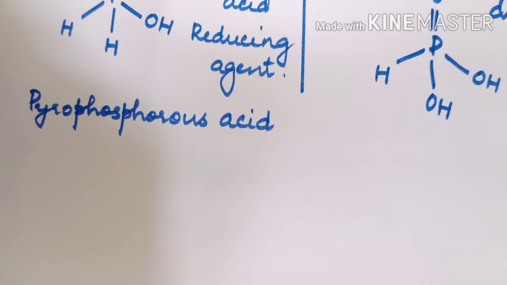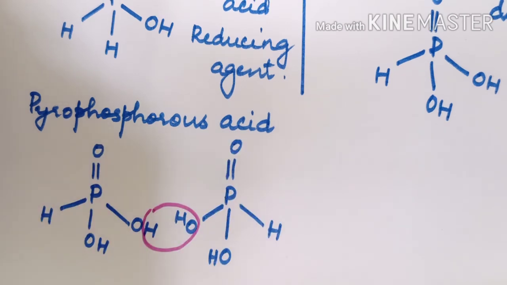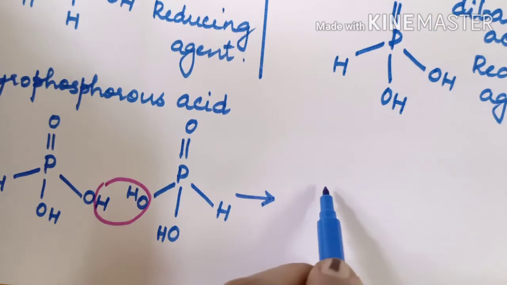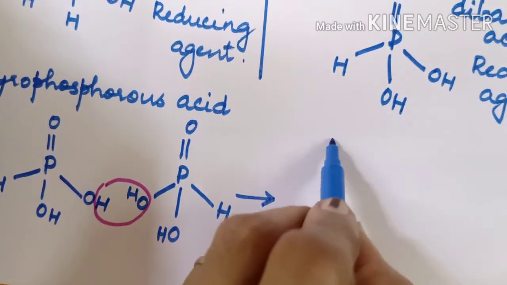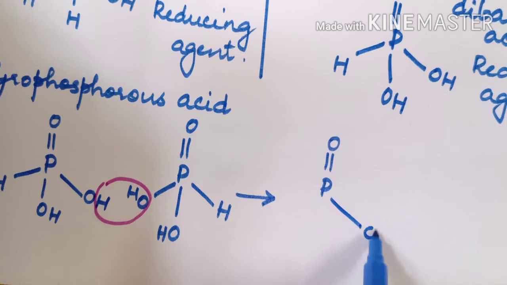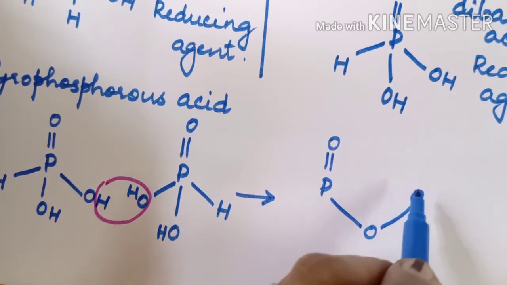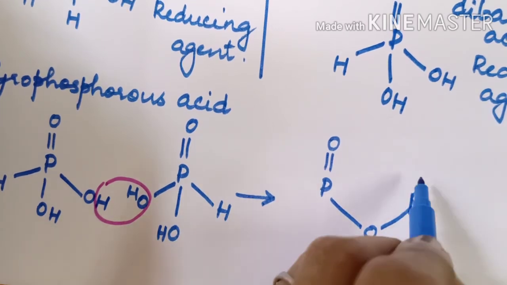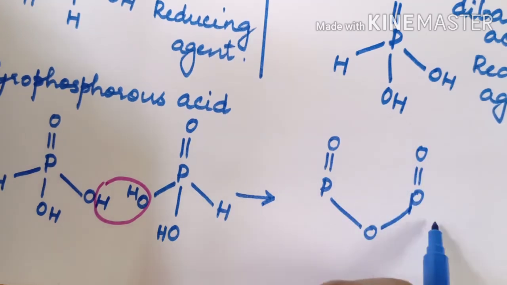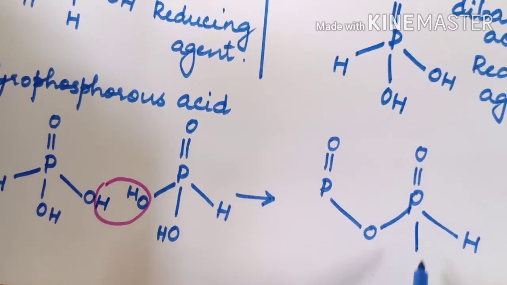The next oxo acid is pyrophosphorus acid that comes in the set. It is got by heating two molecules of orthophosphorus acid. This molecule contains two replaceable hydrogens, so it is a dibasic acid.